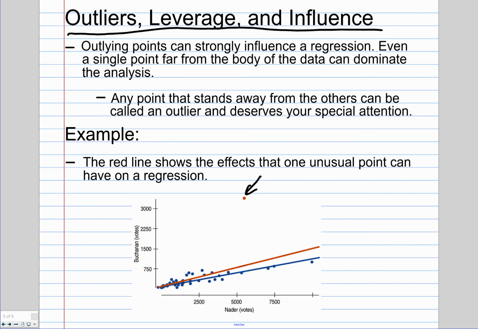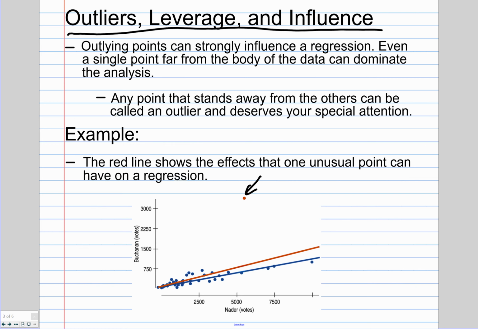Do you see how this red point changes your line, your linear model? It is changing not only the intercept, but also the slope. Any point that changes your linear regression model is influential. I'll say that again. Any point that changes your linear model is influential.